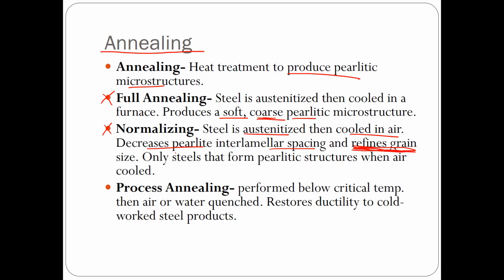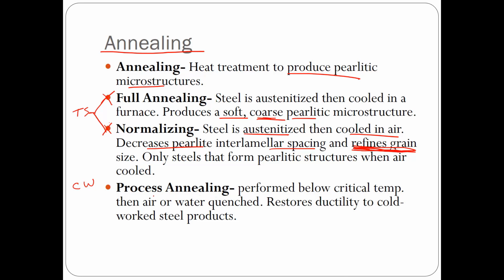So what's interesting here is full annealing and normalizing are for transformation strengthened materials. Process annealing is for cold work materials. And this is removing all of your cold work.